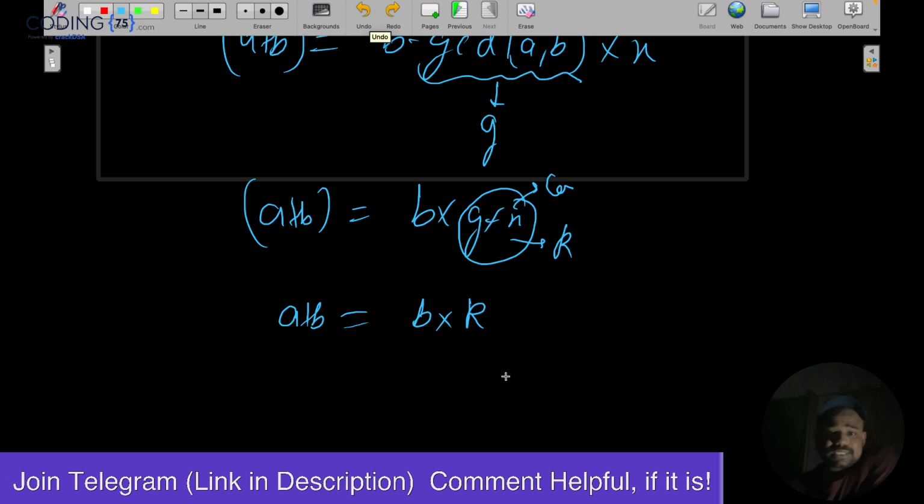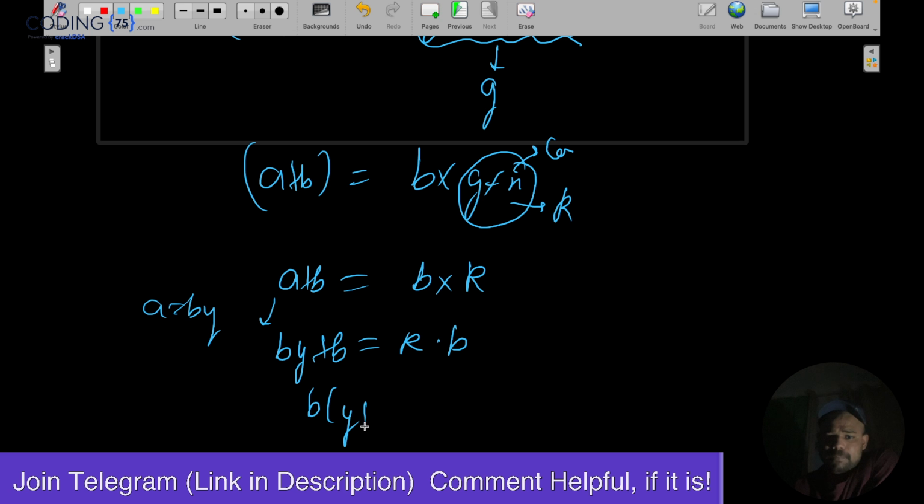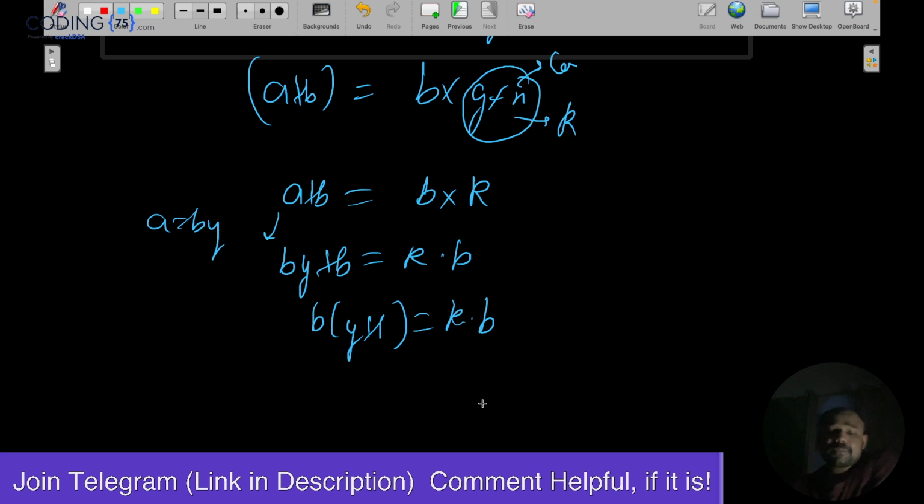That means if this is a multiple of B, A should also be a multiple of B. How? Let's assume A is B into Y. So BY plus B is equal to B into K. So we can say B into (Y plus 1) is K into B. Simple. That means A is always a multiple of B, but what multiple? Let's say we took Y here.